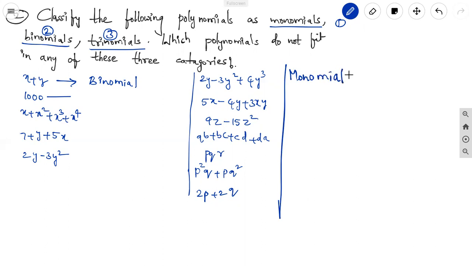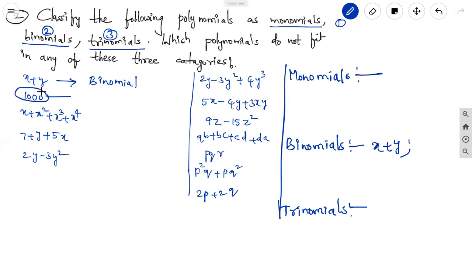Write monomials, binomials, trinomials. First one is binomial. So we can write here x plus y is the binomial. 1000, it has only a single term. So it is the monomial.